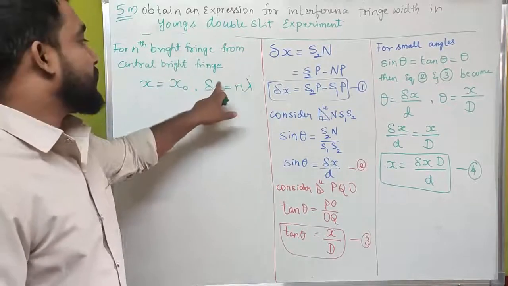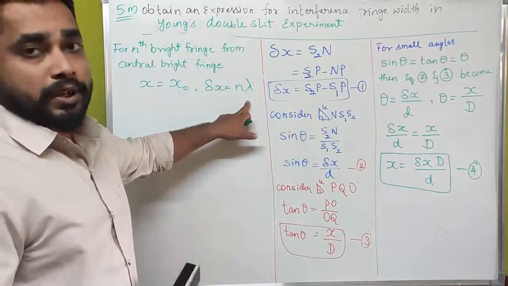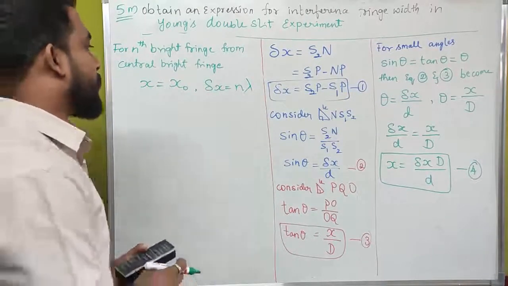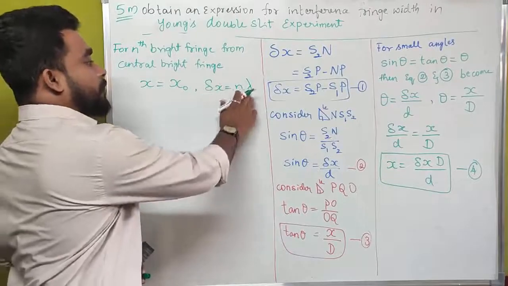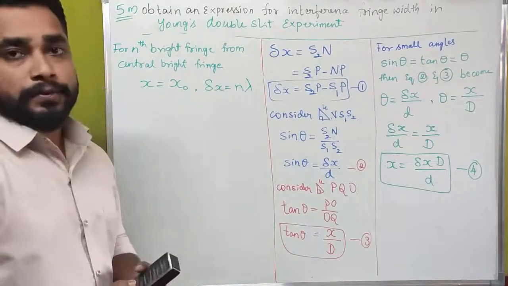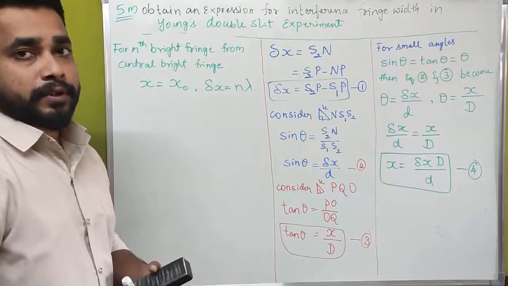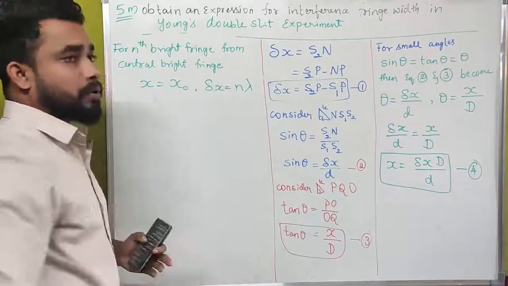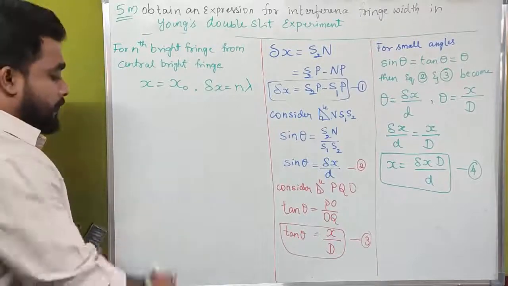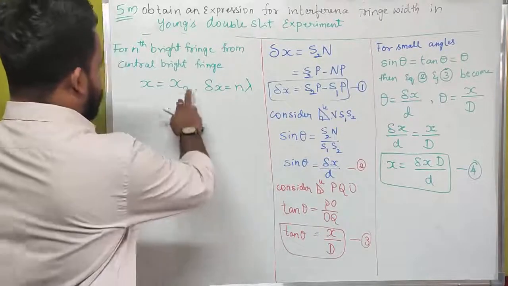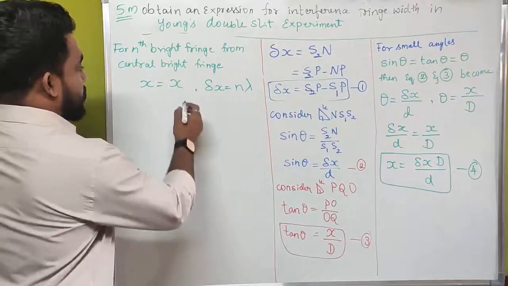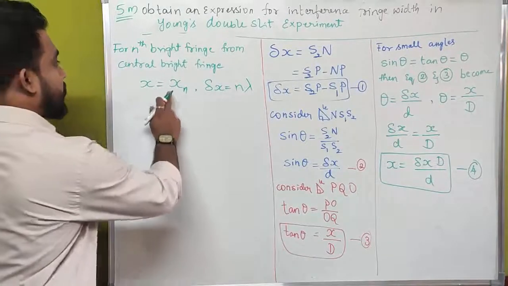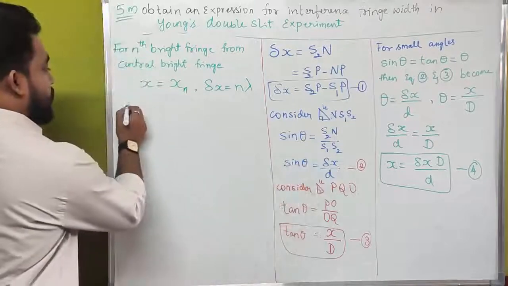We saw this in our last derivation, the theory of interference. In that concept, we obtained the expression for the path difference of bright fringes, that is constructive interference. The condition for constructive interference is that the path difference is equal to n into lambda. If we substitute this, for the nth bright fringe x will become xn.